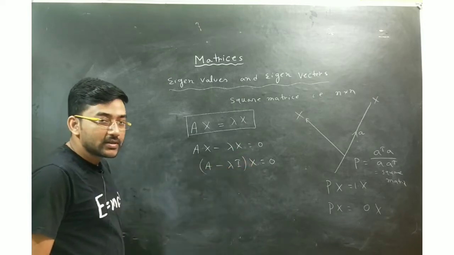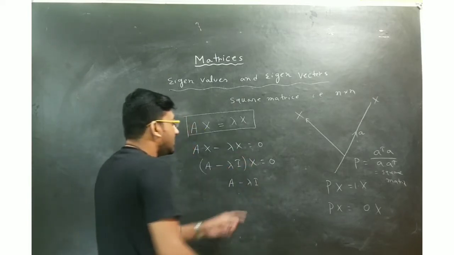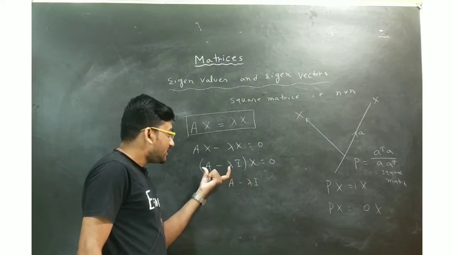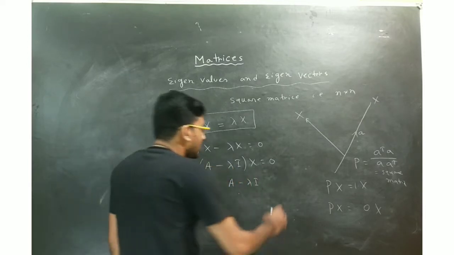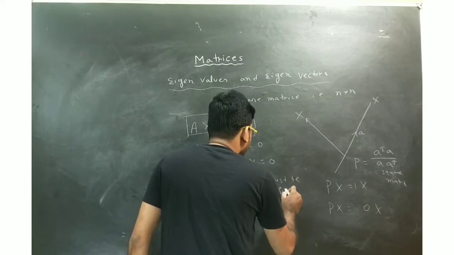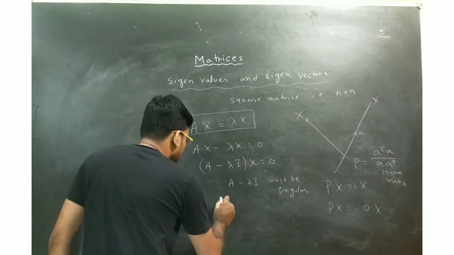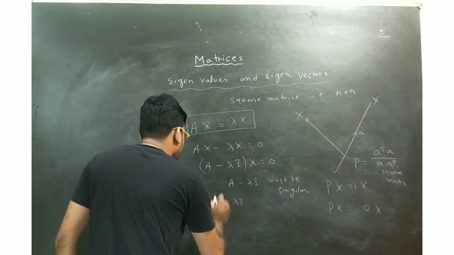But x is obviously not equal to 0. So if x is not equal to 0, then this A minus lambda I must be singular. And if this is singular, then the determinant of A minus lambda I is equal to 0.